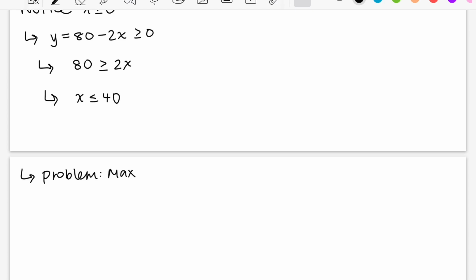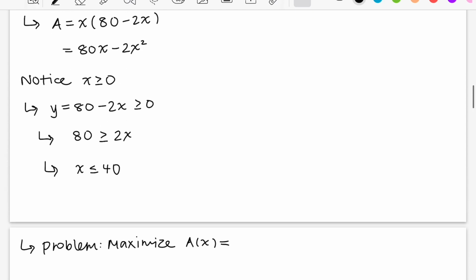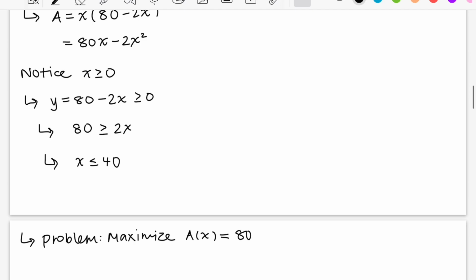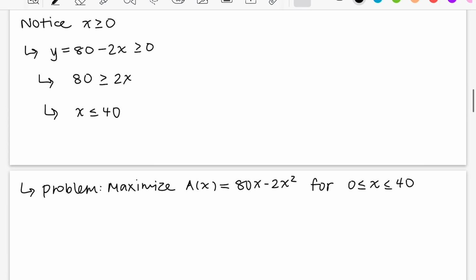we want to maximize our area, which is now given by A of x over the interval 0 to 40. So we want to find the maximum value of our function A of x over this interval.